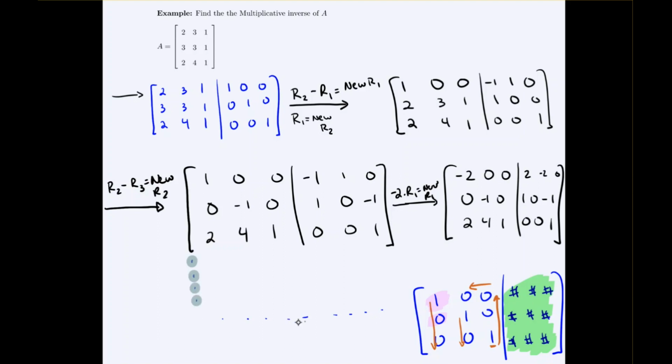And then at this point, I'm going to take the row 1 plus row 3. And that's going to be the new row 3. And my whole goal in this is to get a 0 in the last coordinate here.